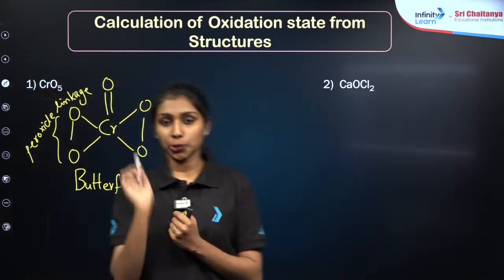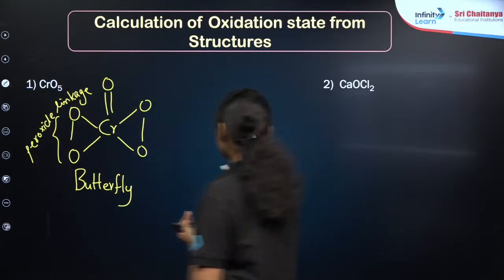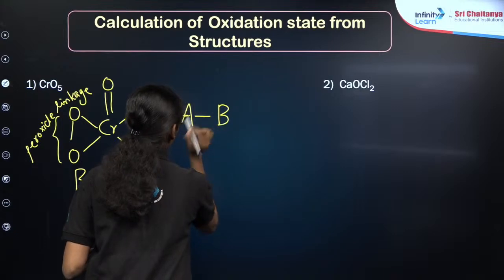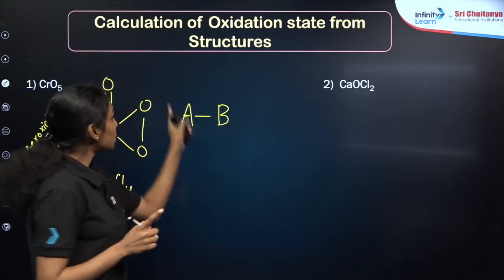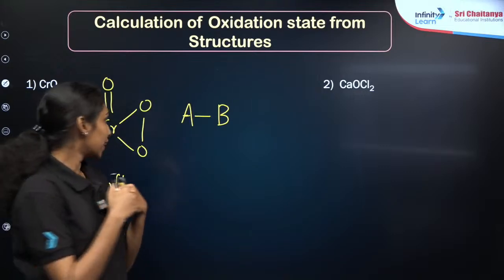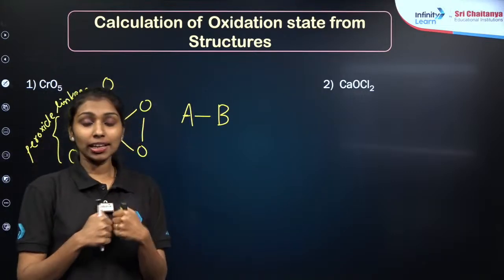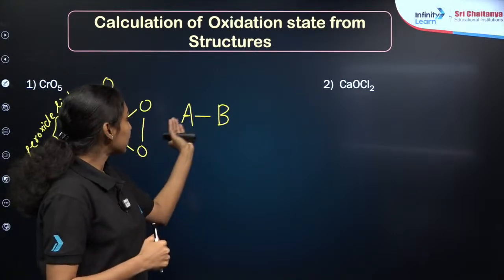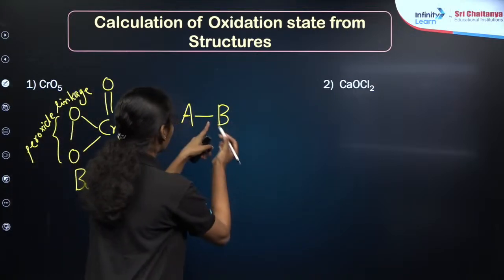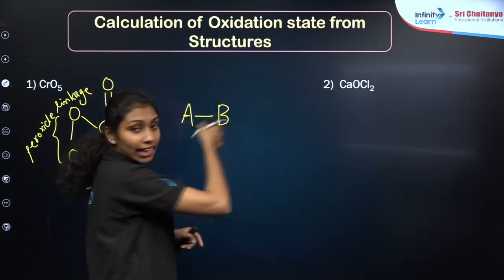There is a point you have to note: whenever I am taking two atoms, A and B, forming a molecule, if B is more electronegative than A, and electronegativity I have discussed, right? It means its capability of attracting the shared pair of electrons towards itself. So B is more electronegative, which means it has more negative charge.